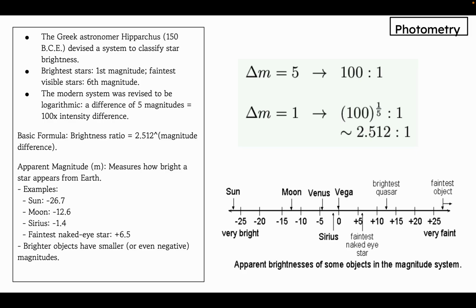And in the sky, the fainter objects have brightness on the positive scale. The brightest quasar has a brightness of about 12 or so, and the faintest objects have a brightness of 26, 27, in that range.